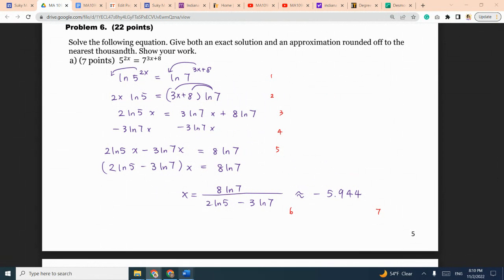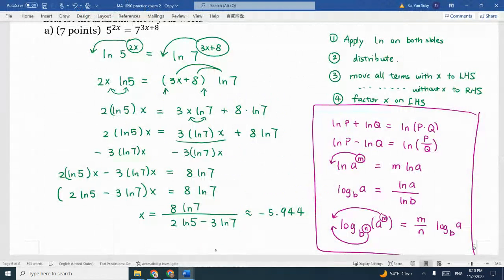Yeah, of course. So how do you type in your calculator? You put 8 ln, and then usually when you press the ln button, then you press the 7, and then you need to put a parentheses. And then you put divide. Then you need to put a parentheses. So you put 2 ln, and then that will give you a parentheses.